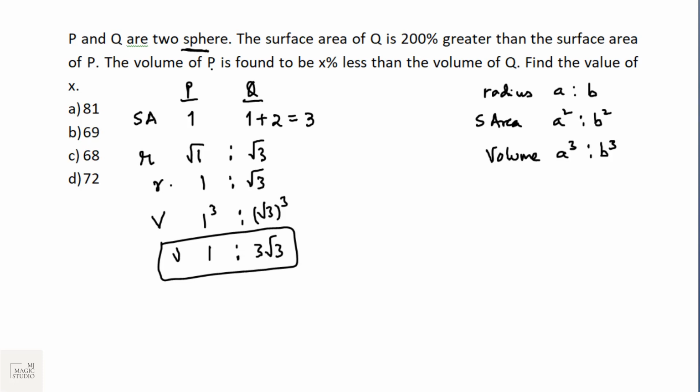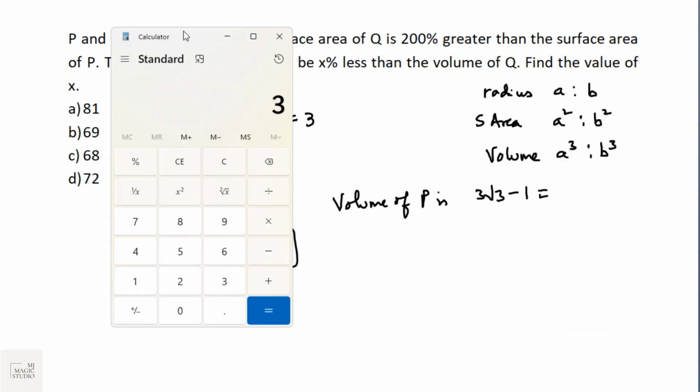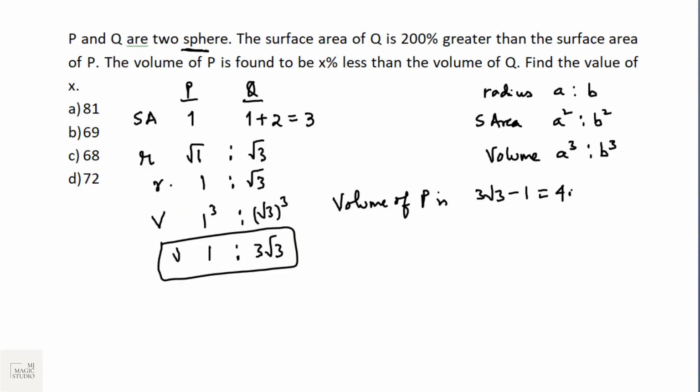The question is, volume of P is x% less than volume of Q. Volume of P is 3 root 3 minus 1, which is, I have my friend with me, 3 into 1.732 is 5.196, or 5.2, minus 1 is 4.2. So this is 4.2 less than volume of Q. Volume of Q is 5.2.